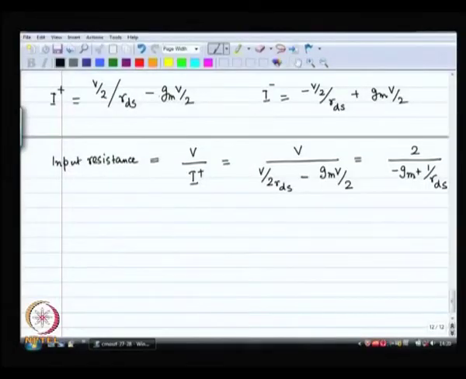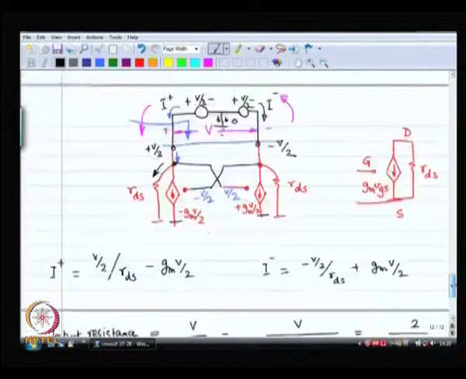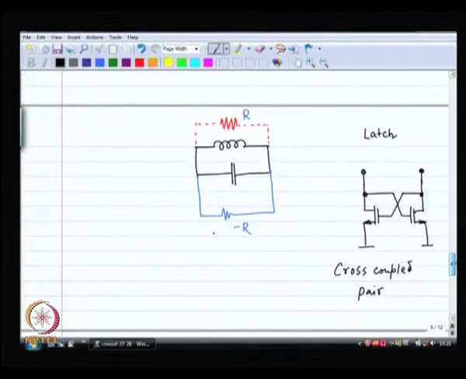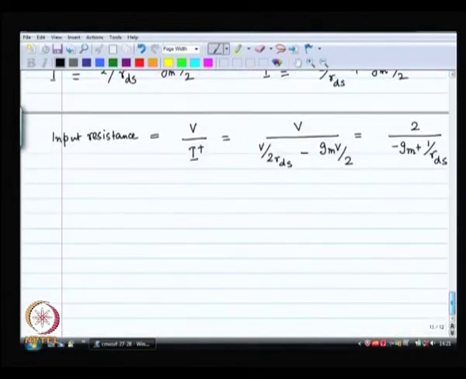Now, that automatically means that this quantity in the denominator, 2 divided by minus GM plus 1 by RDS, is negative. If the quantity in the denominator is negative, I have created something which has a negative input resistance. Wonderful, is not it? This is exactly what you are looking for.